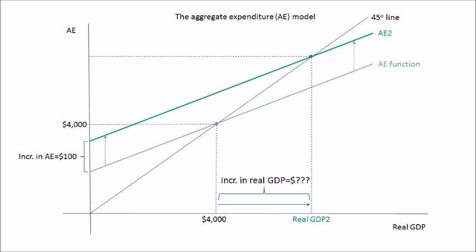In our model, the AE function would shift upwards by $100. When Lisa spends the $100, this will become new income to the person who sold her the reeds. What would that person, let's say groundskeeper Willie, do with a new increase in his income? He would increase his consumption spending, since consumer spending and disposable income are positively related.